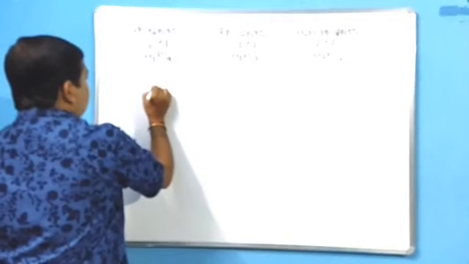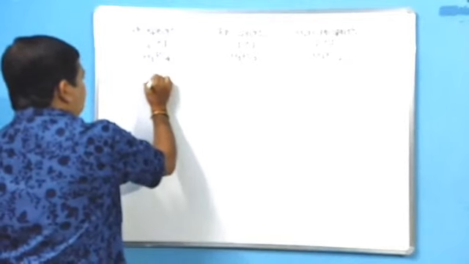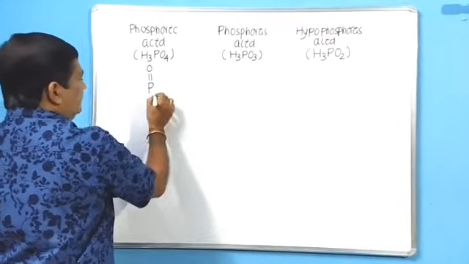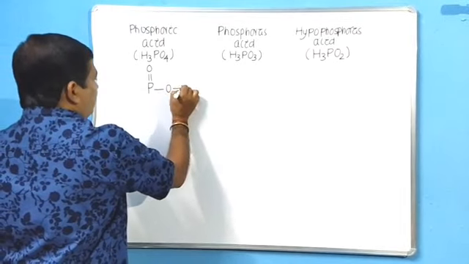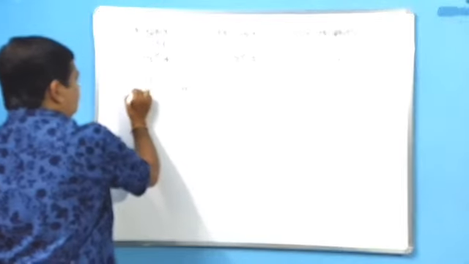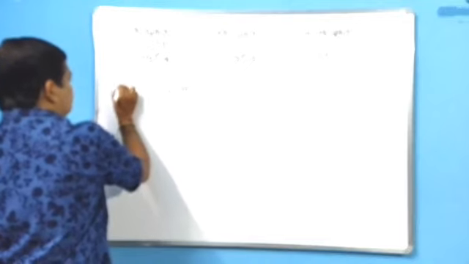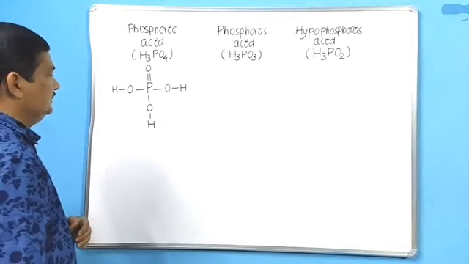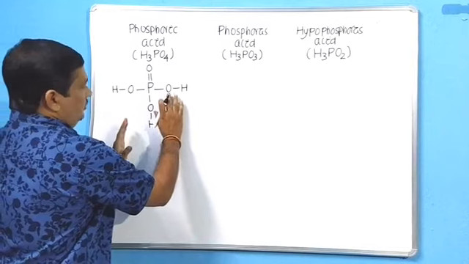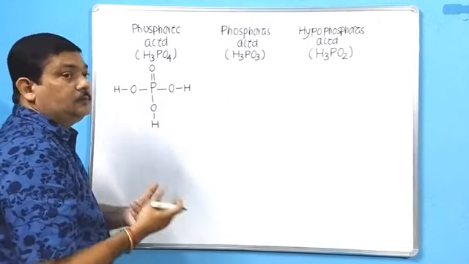So central atom will be P here, double bond O, this is fixed. Then O, H, O, H, O, H. So this is the structure of phosphoric acid. Here the bonds between oxygen and hydrogen are weak ones.